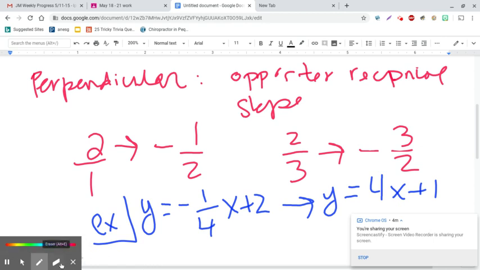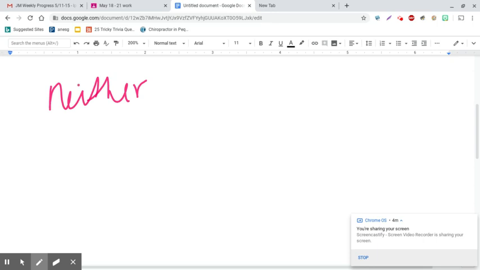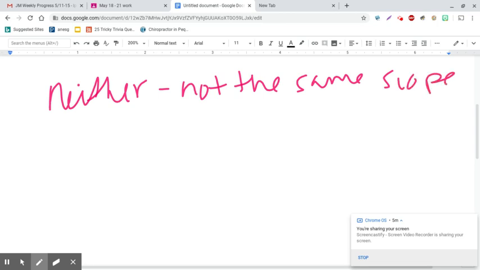Now, guys, neither just means neither, okay? It's not the same slope, or opposite reciprocal.